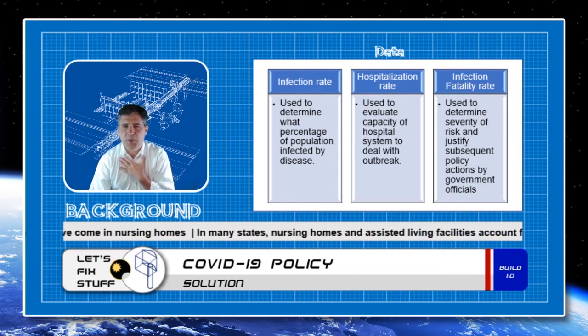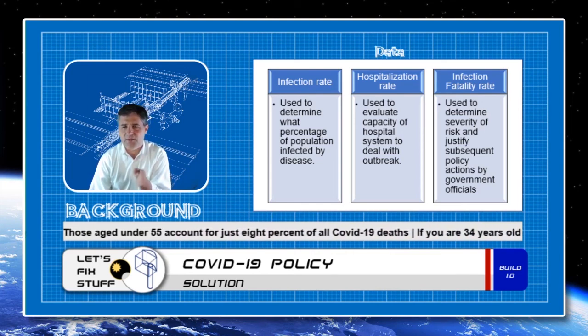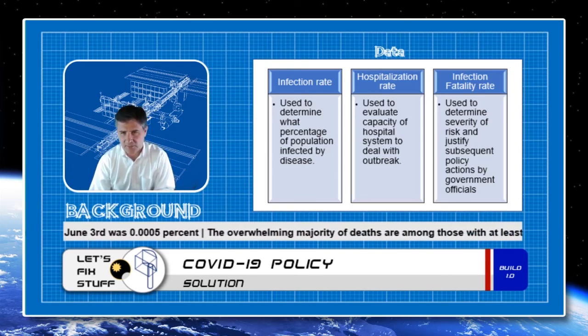So the more people you understand have the disease that don't die from it means that you have a lower fatality rate, which means that the disease in many respects is less severe than you might otherwise assume if you're just looking at the case fatality rate, which is based simply on the number of cases. So it's important to look at these 3 data points: the infection rate, hospitalization rate, and infection fatality rate. Don't be deceived or alarmed when you start seeing case fatality rates, which are something completely different.